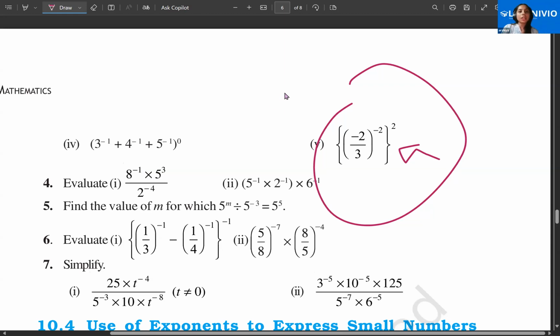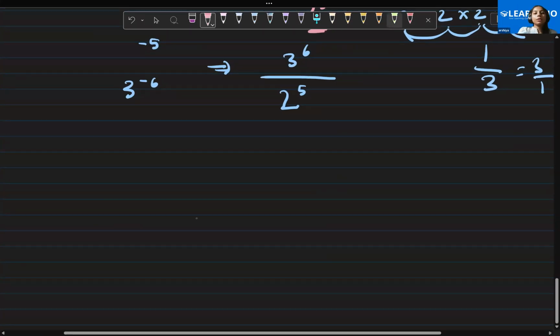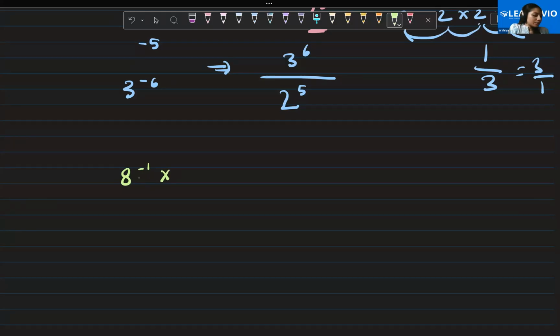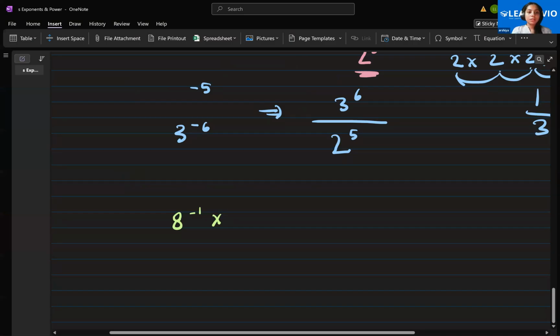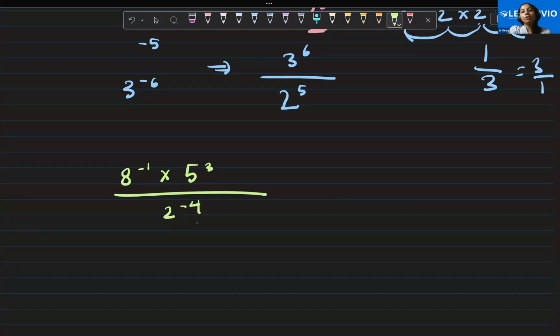Okay, I'm going to share a different screen. Let me read the question real quick. So it's 8 raised to the power of -1 times, let me quickly copy the question, 5 to the power of 3 and 2 to the power of -4.